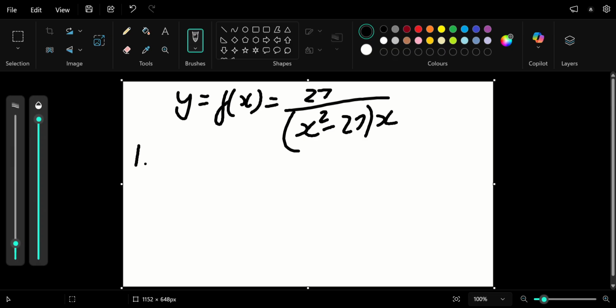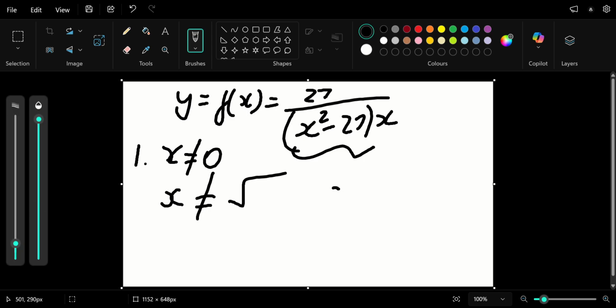So far on this function, it looks like x can't be 0, because anything divided by 0 is undefined, so it can't be 0. And if we look inside this bracket, the other factor, it looks like x also can't be the root of 27, plus or minus.